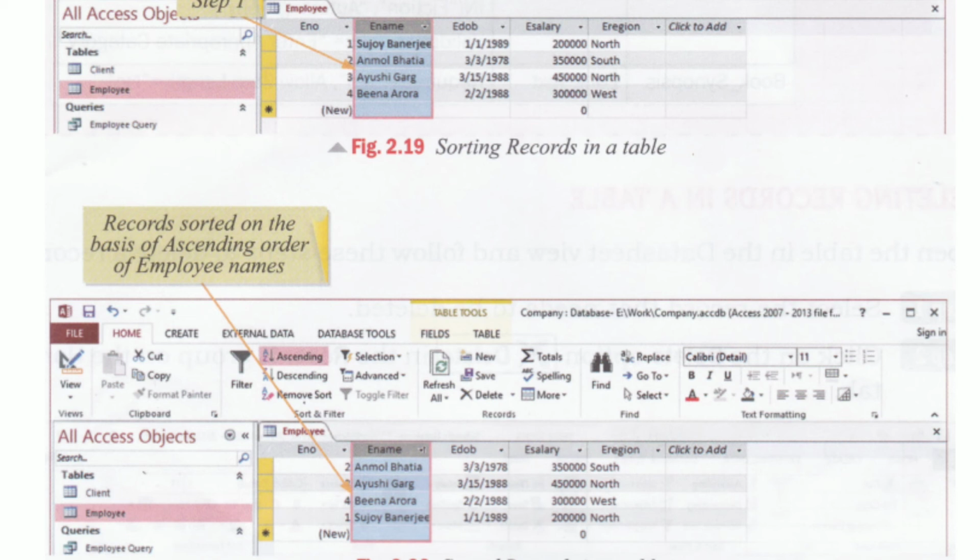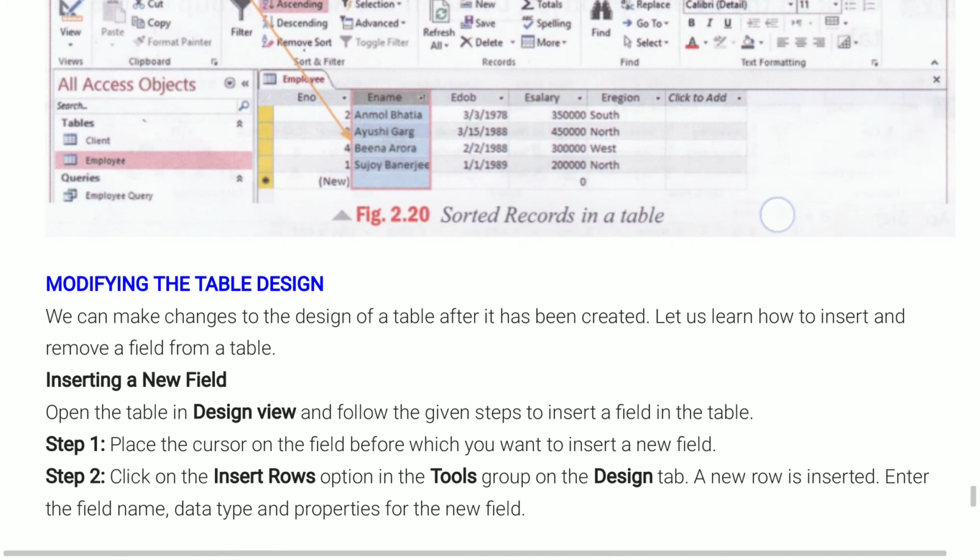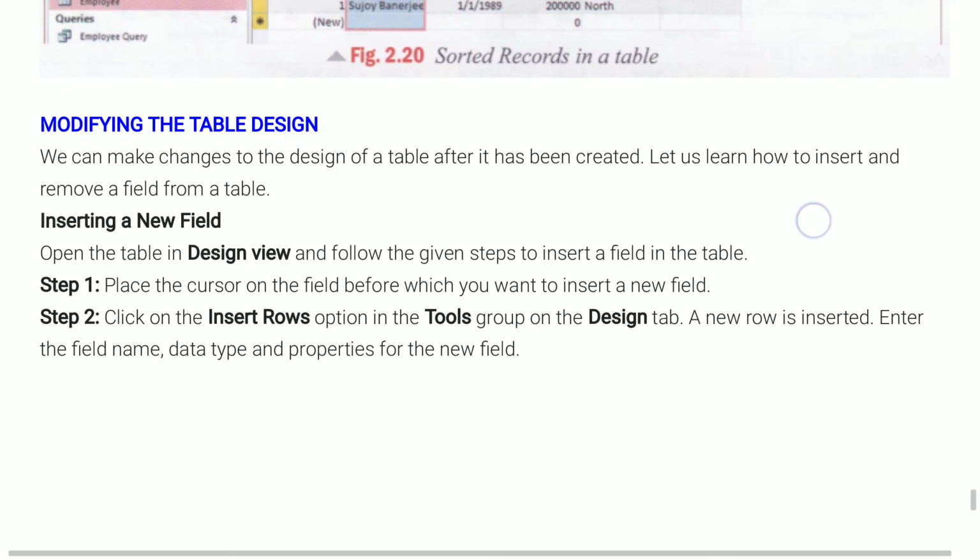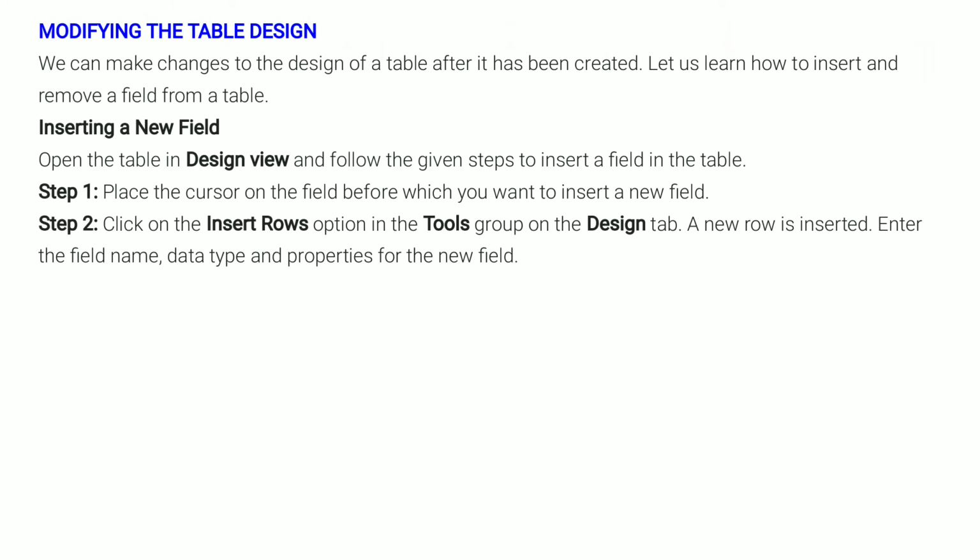As this Anmol Bhatia data has been shifted up, all the data in this particular row has also been shifted up. That means there is no mistake after arranging the data in this database. In this way we can sort the data in the database.